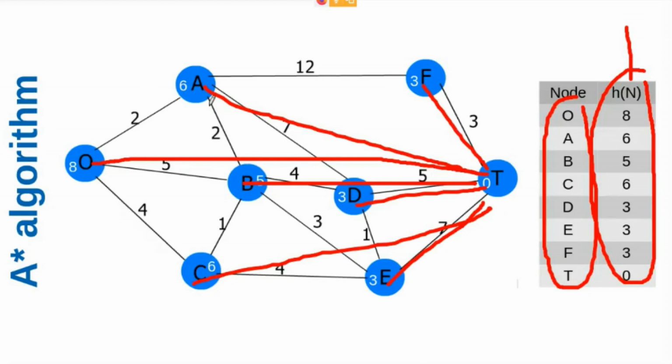In opposition to the Euclidean distance, so the straight line that connects every single node to the target, being assigned to the heuristics, you could use the Manhattan distances. Remember, the Manhattan distance is like if you move along the street, right?